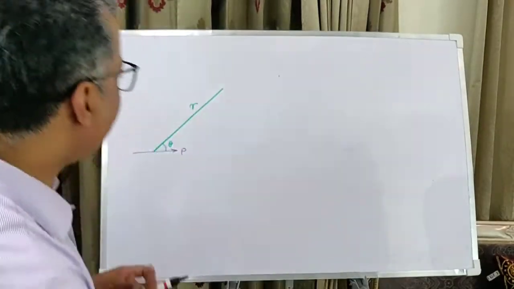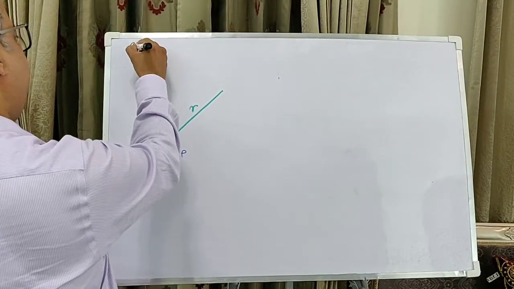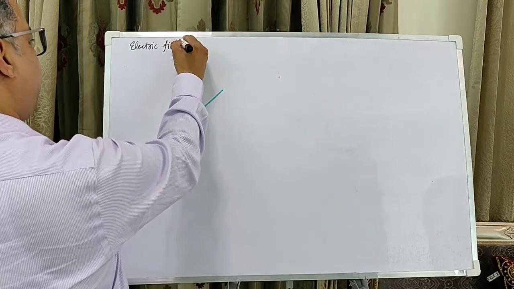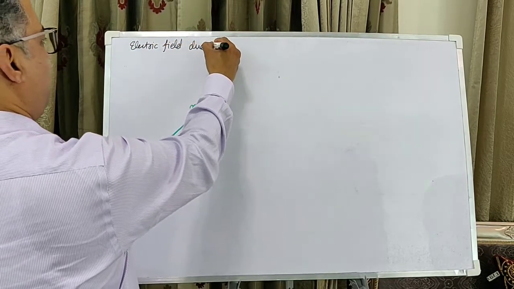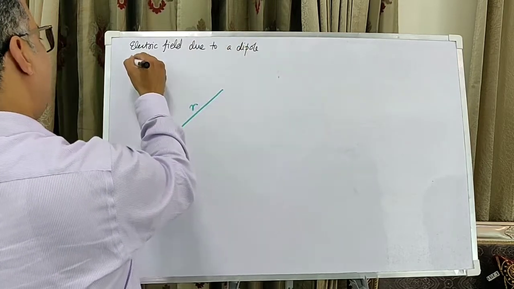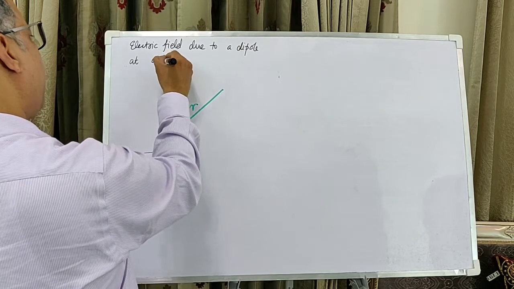So we are finding the electric field due to a dipole at an arbitrary point.